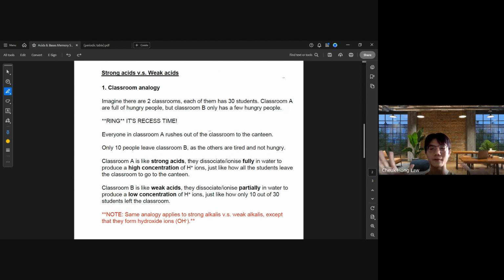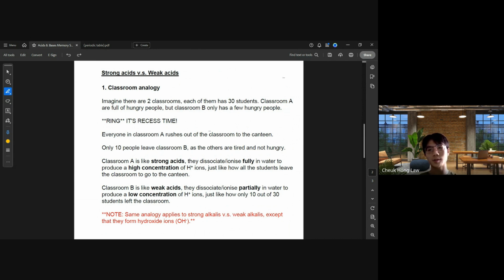Remember, both classrooms have 30 people, but for classroom B, only 10 people leave to buy food. The other 20 people are just resting. They are tired, just resting in the classroom. So what is the difference between these two? Classroom A is like strong acids. Strong acids ionize fully in water to produce a high concentration of hydrogen ions, just like how all the students in the classroom leave to go to the canteen.